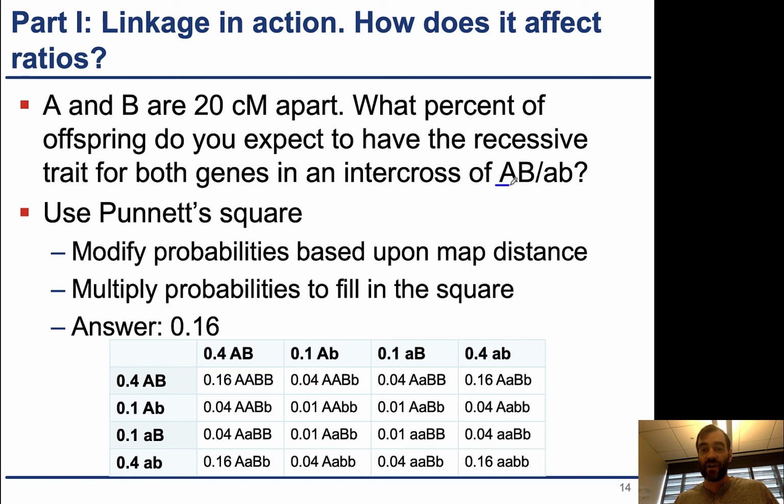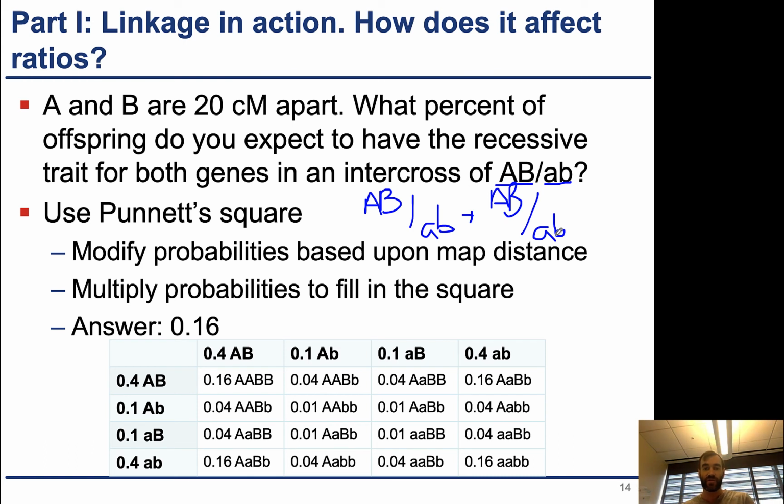So again, we're specifying the linkage, the original linkage, and now we are doing, instead of a test cross, an intercross, and so you have to worry about map distance in both cases. So how do we do this?